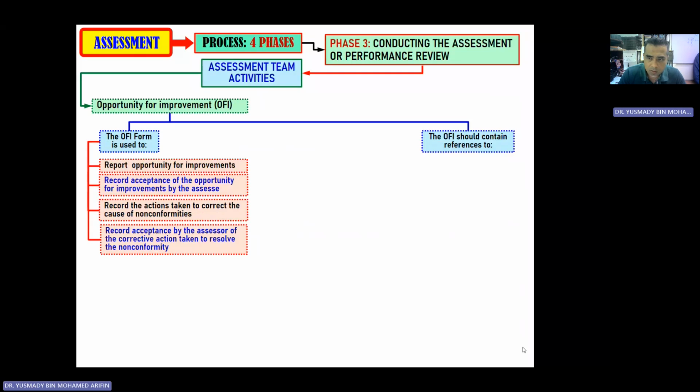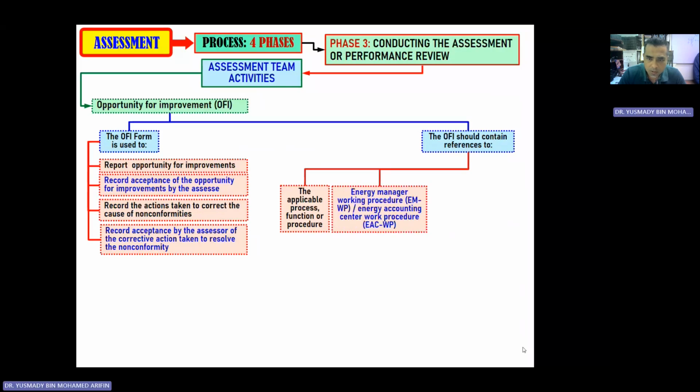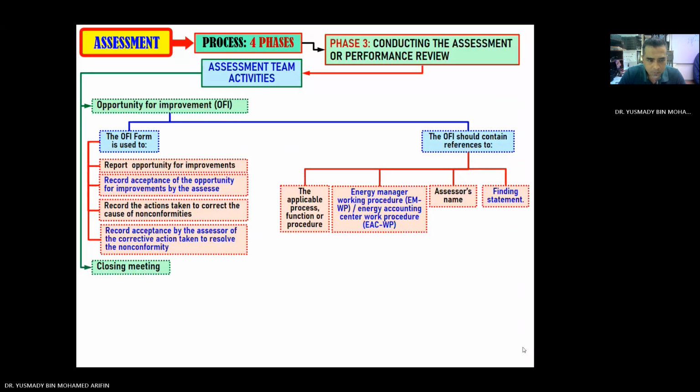The OFI should contain references to the applicable processes, function or procedure, energy manager working procedure, or energy accounting center work procedure, assessors' names, and also the finding statement.